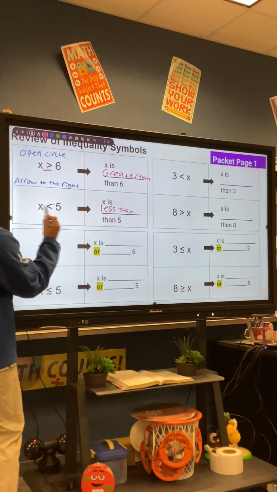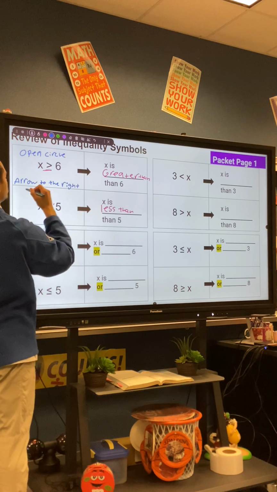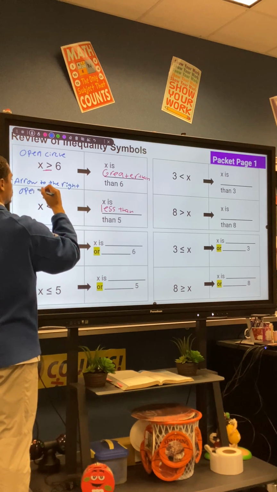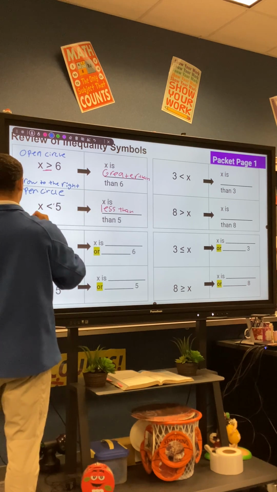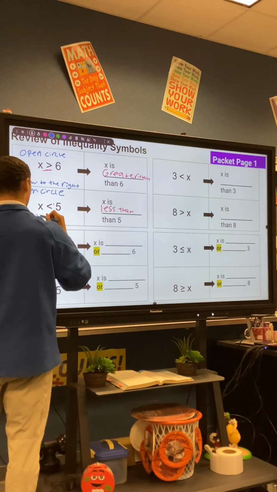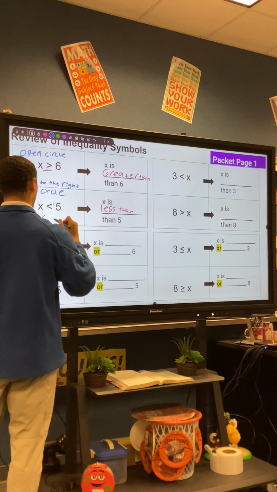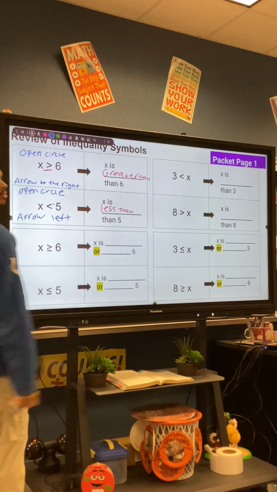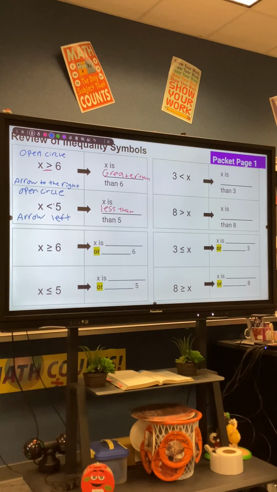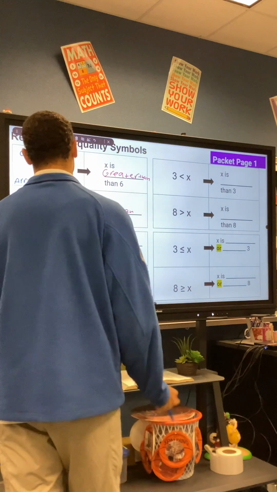Since we don't have this line underneath, this is still going to be an open circle. And since it is less than, my arrow is going to go to the left. It'll make more sense when we turn the page and y'all see the number line. I'm just laying down the ground rules for you.